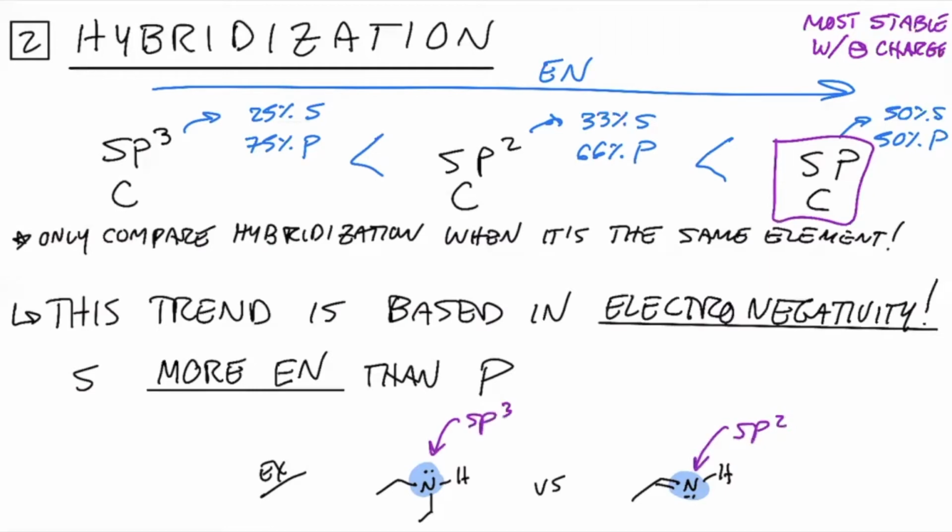And if those were the only other factors at play, we would say, okay, that sp2 hybridized nitrogen has higher orbital electronegativity and therefore would be much more favorable to give up this proton than it would be to give up that proton. So again, in this case, this one would be the more stable with the negative charge after the hydrogen is removed.